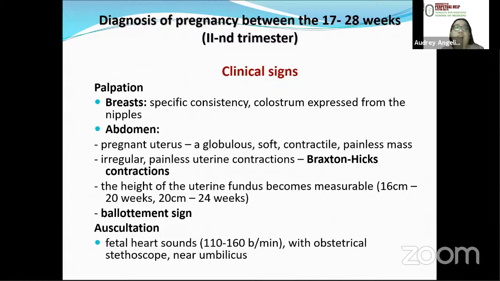Of course, we could start with the auscultation by 21 weeks. You could hear the fetal heart tones 100% even through the inexperienced ear. Although in Williams, I know that it's been said that it's 17 weeks you could detect the fetal heart tones.